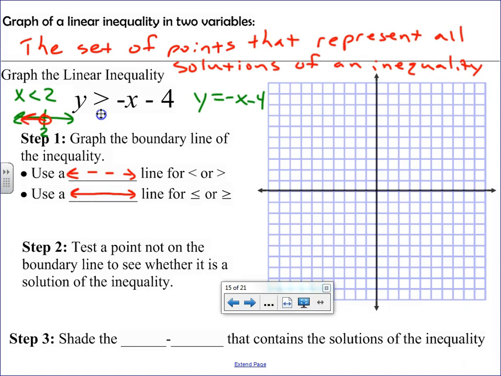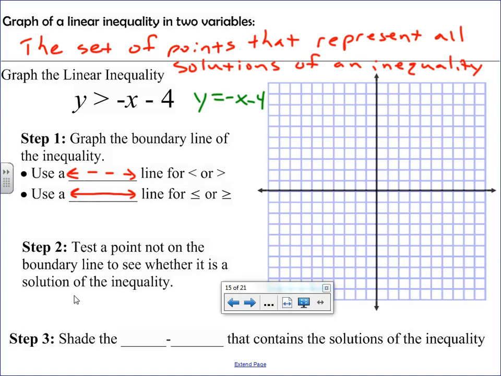Or when we said x was less than or equal to 2, we put a closed circle at 2 because it also includes 2 and everything less. The same process applies. When graphing the linear inequality, we use a dashed line for less than or greater than because it doesn't include anything on that line, and a solid line for less than or equal to, greater or equal to, because it also includes those.